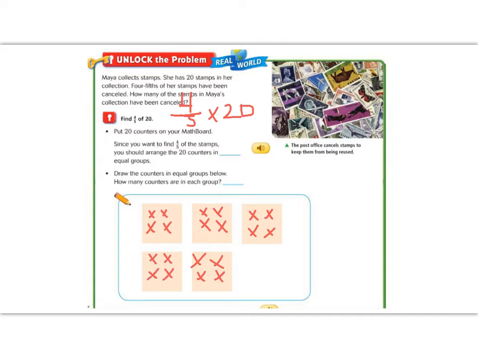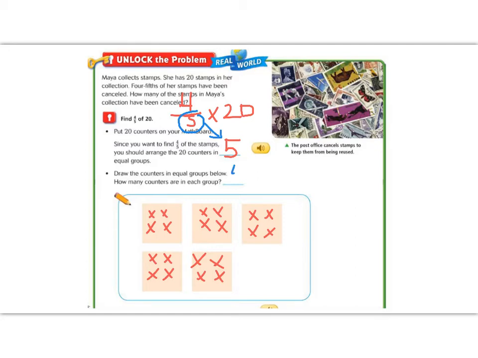Okay, now it says since you want to find 4/5 of the stamps, we should arrange the counters in 5 equal groups because notice that is our denominator as well. And now we want to draw the counters in equal groups of 4. So now we're going to look at the numerator. So this is where the denominator came, is the number of groups.